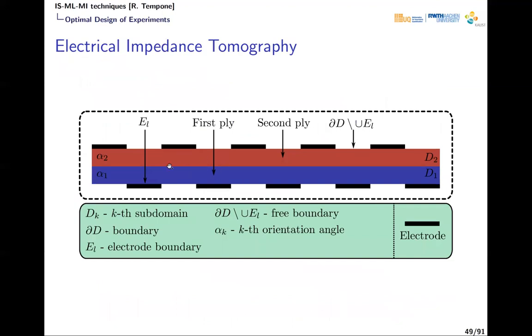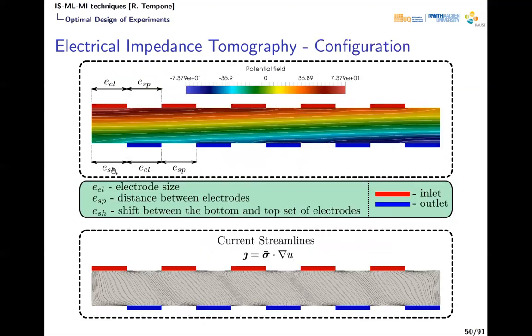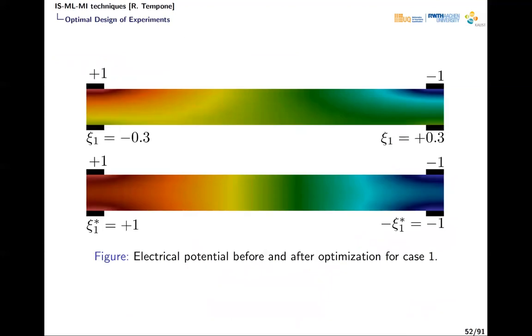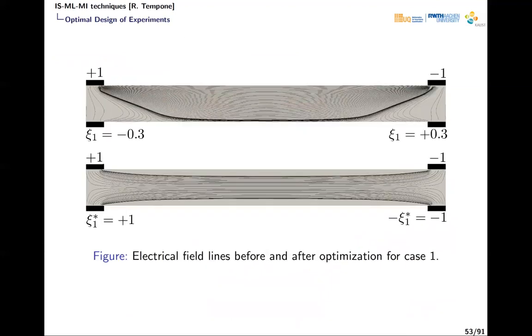The 2 plies, we don't know the alpha 1 and alpha 2 angles. We're going to push electricity from one side to the other and try to choose the best possible position for these electrodes where we inject and measure the voltages. And there's a best way of doing this, and I'm not going to discuss too much on that.